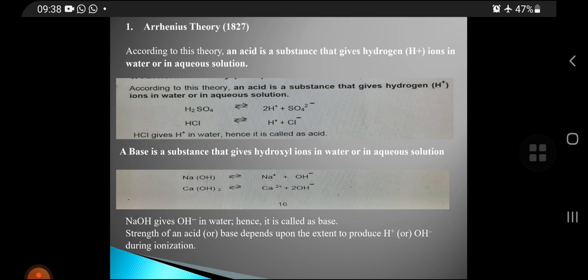A base is a substance that gives hydroxyl ion in aqueous solution. For example, sodium hydroxide and calcium hydroxide both produce OH minus ion in aqueous solution. This is the Arrhenius theory of acid base concept.